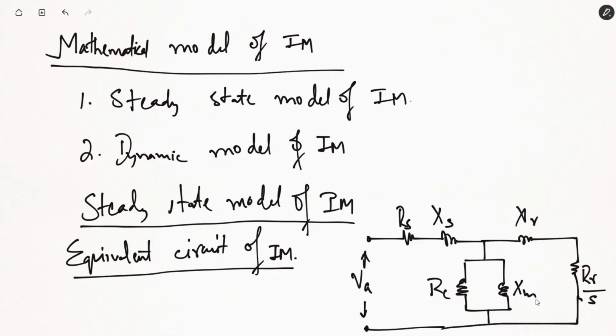You have the stator copper losses, the rotor copper losses, the leakage flux associated with the stator windings, the leakage flux associated with the rotor windings, and then the core loss components RC and XM. So using that knowledge of power losses in the circuitry, you can derive the equivalent circuit of an induction motor.